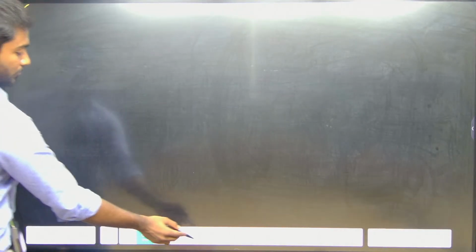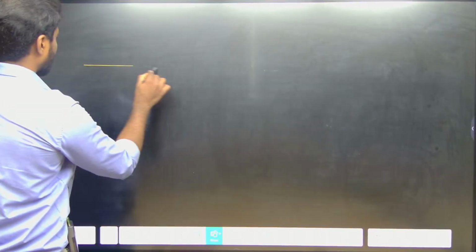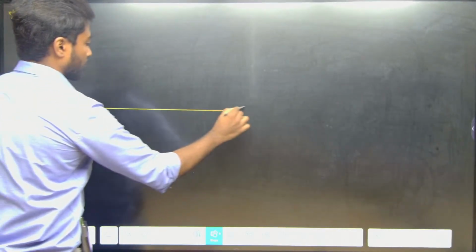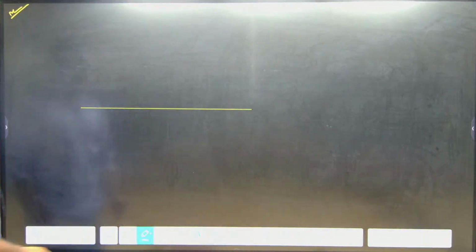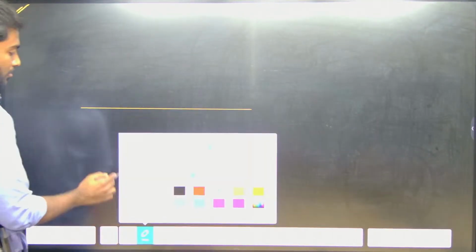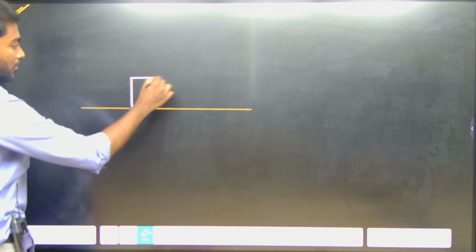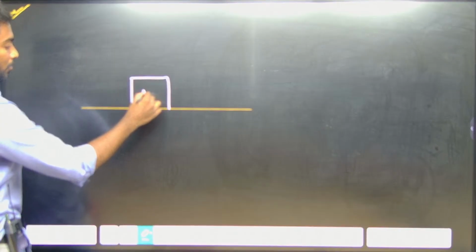Suppose there is a surface, and we have taken two blocks, block number 1, that is capital M, and the other block, small m.